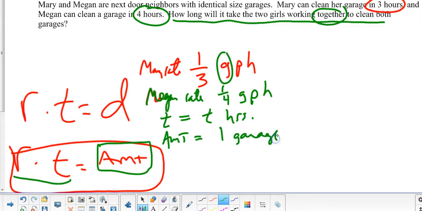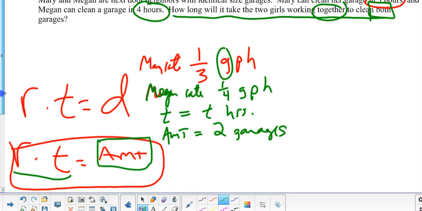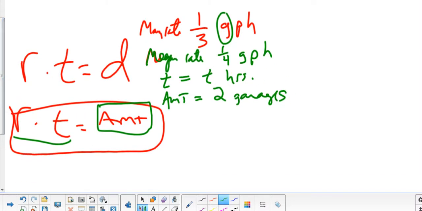So how long would it take them to clean, oh, both garages. I'm sorry. So that's not 1. That's 2, Mr. Bossert. 1 plus 1 is 2. It is true. All right, so 2 garages. All right. So that's my identify stage, my I in IFSMU.